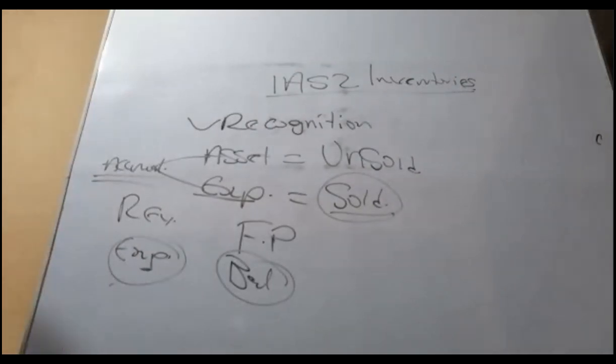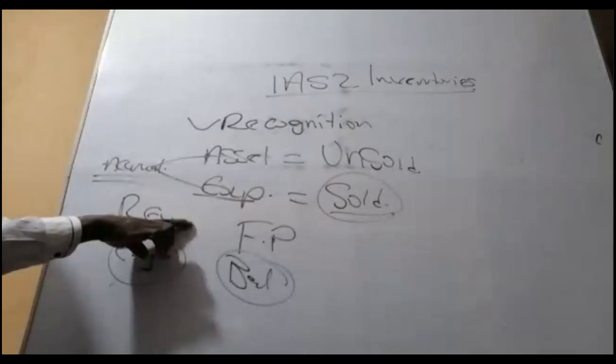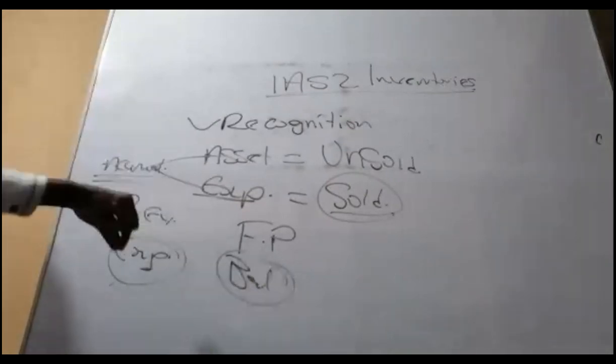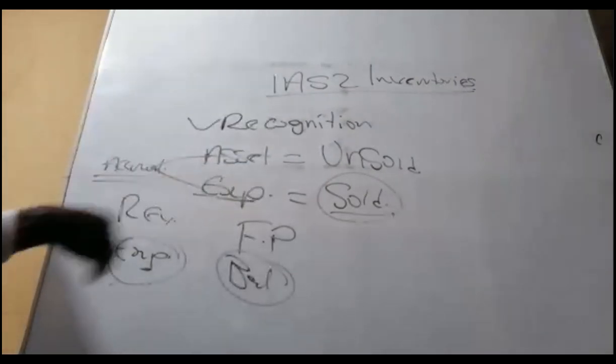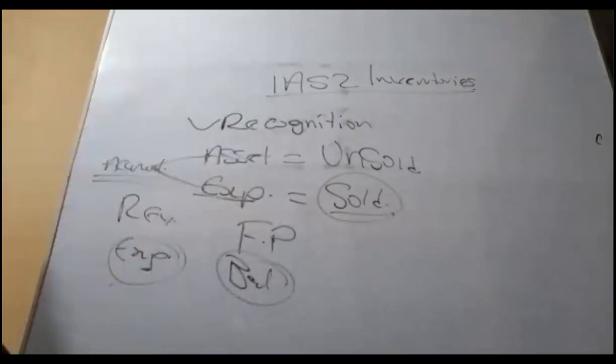Good. And then if there is any unsold inventory, closing inventory, that one is still within the organization, so we carry it forward, because we are assuming you will sell it in the next period.